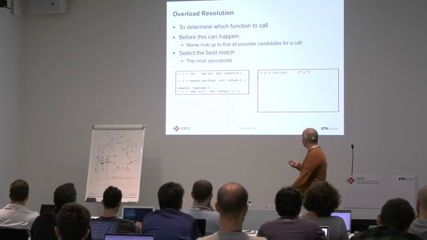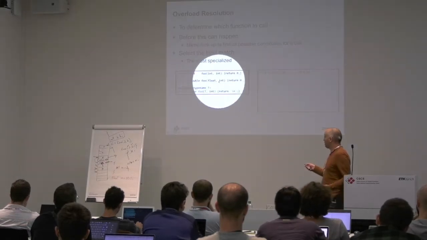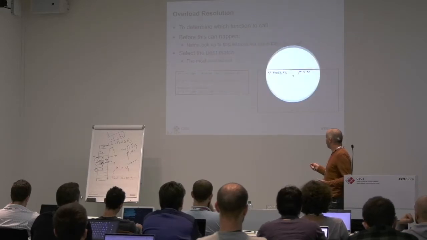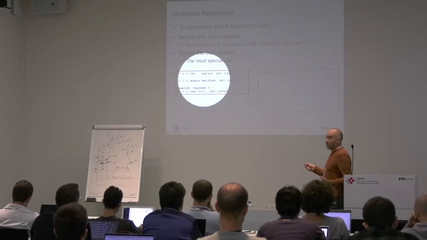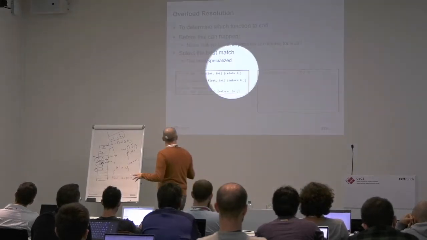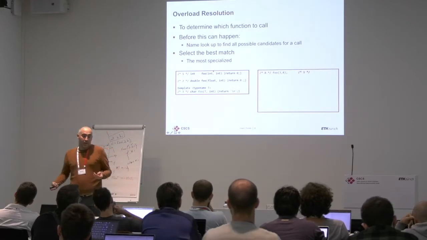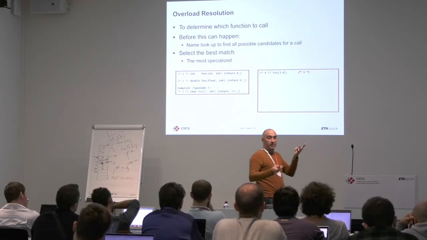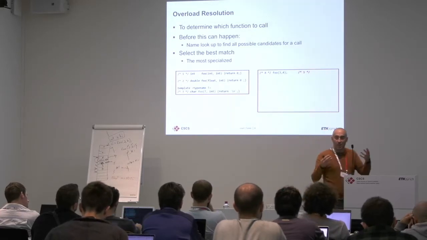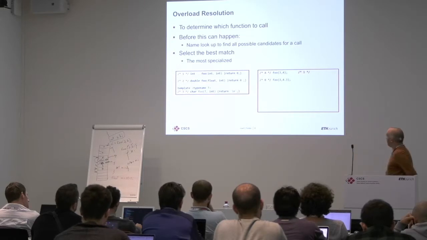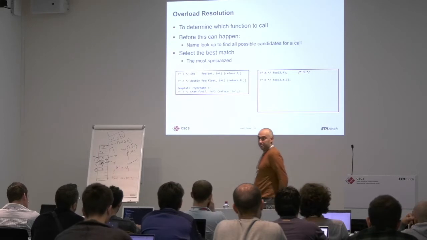The second one, I could call the second one too, right? The 4 will be passed as an integer, and 3 can be converted to a float, and that is completely legitimate. So if I didn't have the first version, the second one might have been a good candidate, right? It's only that the first one is perfect. I don't need to do anything. I just can call it. If I do foo of 3 and 4.3, what happens?